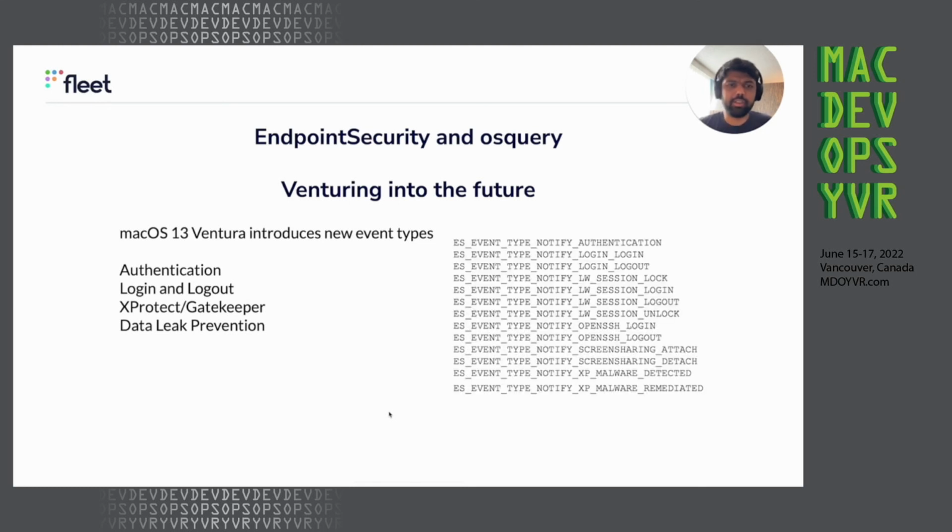So these are login, logout with login window, with SSH, whenever screen share gets attached, detached. So those would be nice to have in, and this will enable us to get this in the future when this ships. So yeah, that's a quick look at endpoint security stuff in Osquery.